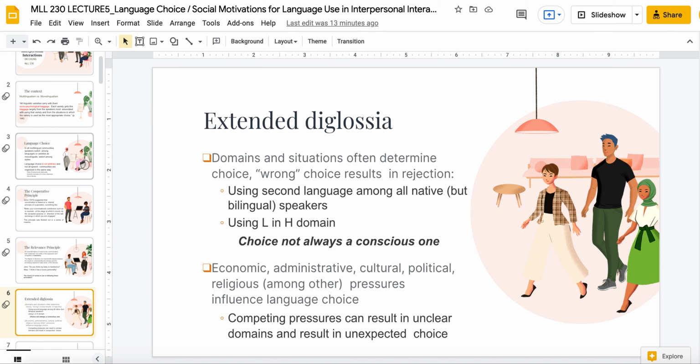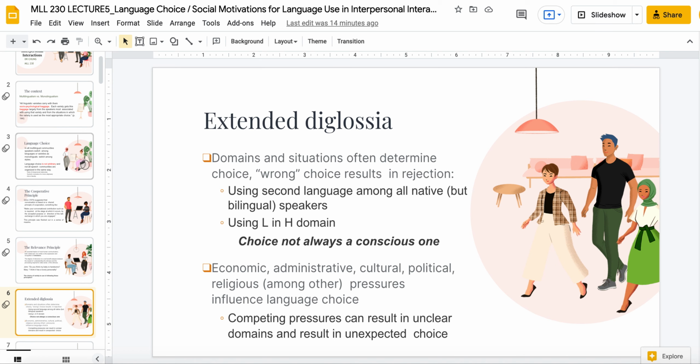Even if they're bilingual, it might be seen as a wrong instance. Or if you're using a low language in a high language domain, this might be a sense of when you might get rejected by your peers, right?